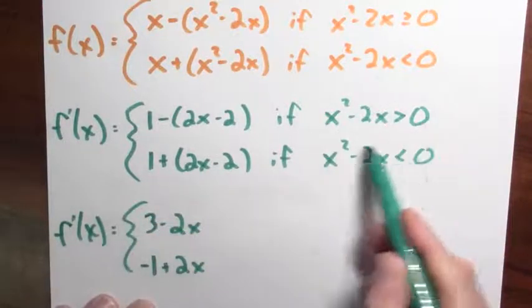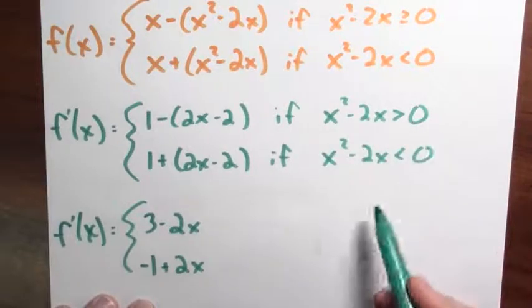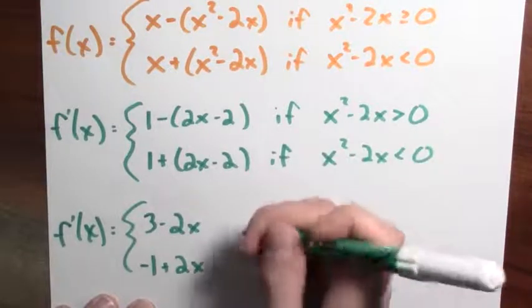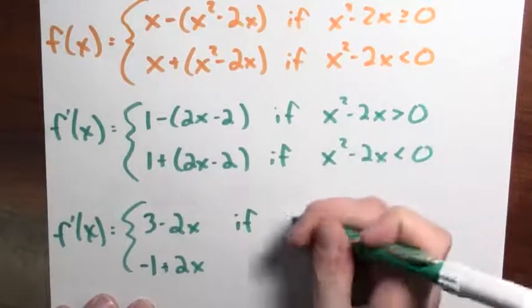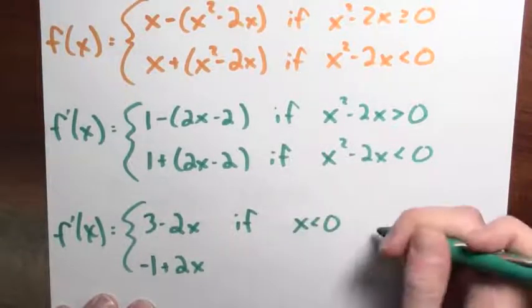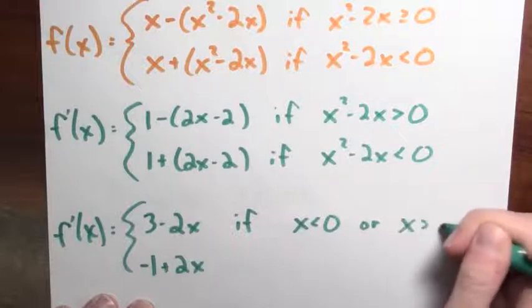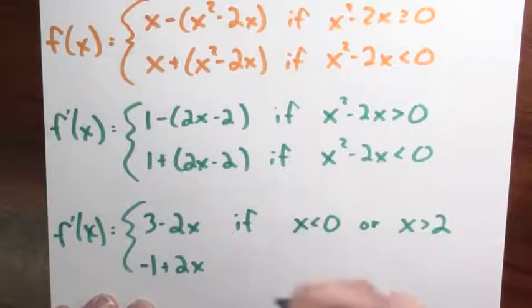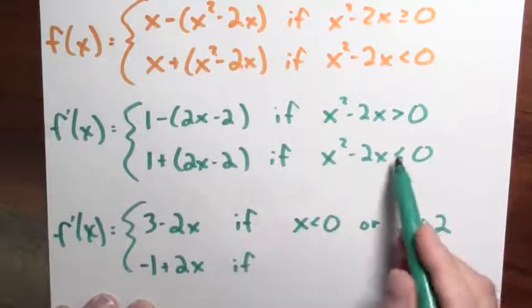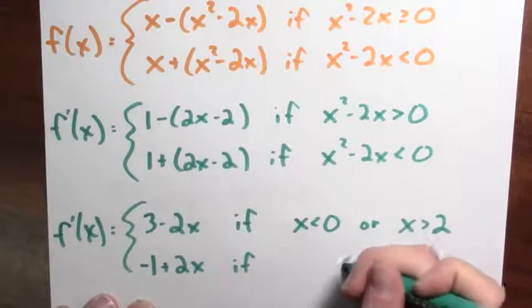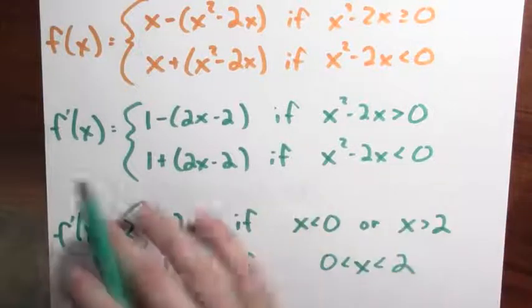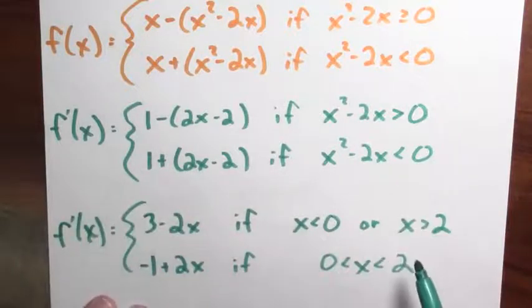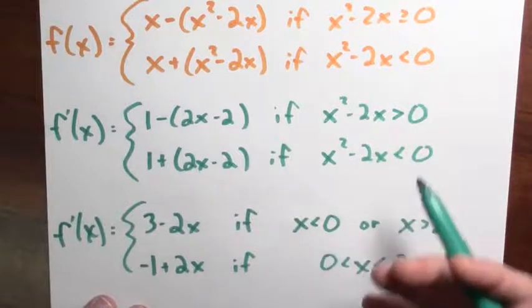And to say that x squared minus 2x is bigger than 0 is the same as saying that x is less than 0 or x is bigger than 2. And to say that this is less than 0 is just to say that x is trapped between 0 and 2.